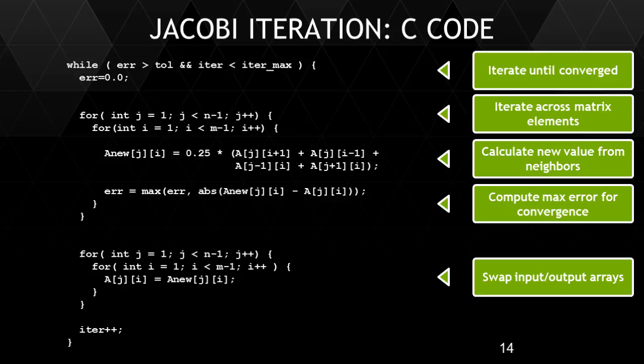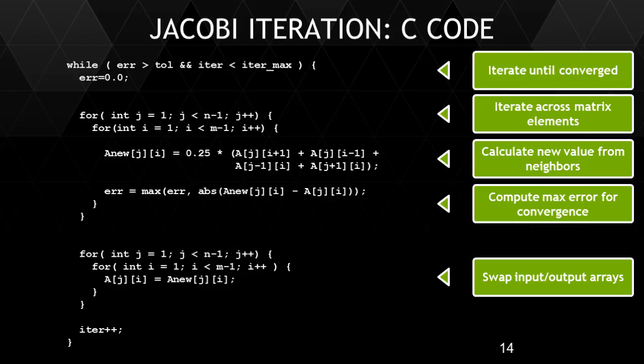This next loop nest here goes across all of the matrix elements. They then calculate their new value based off the current value of their neighbors. We figure out our convergence error, so that's what we're looking at here, the difference between our new value and our old value, and we find that maximum error. And then the lower loop nest is swapping our arrays.